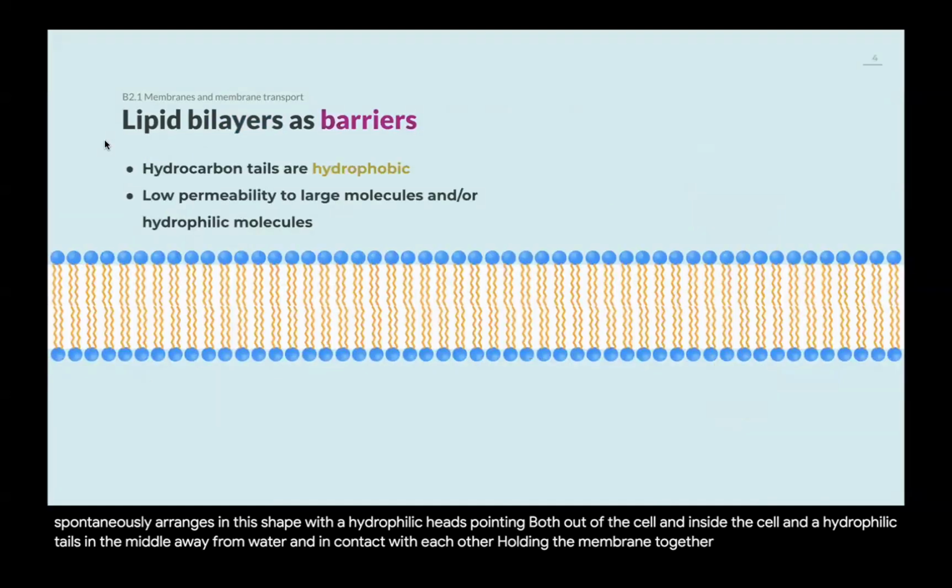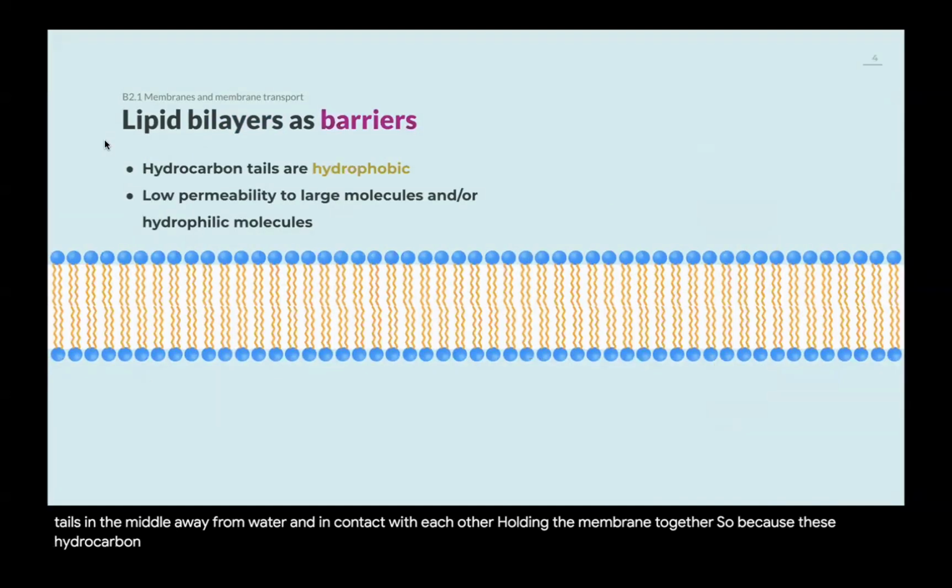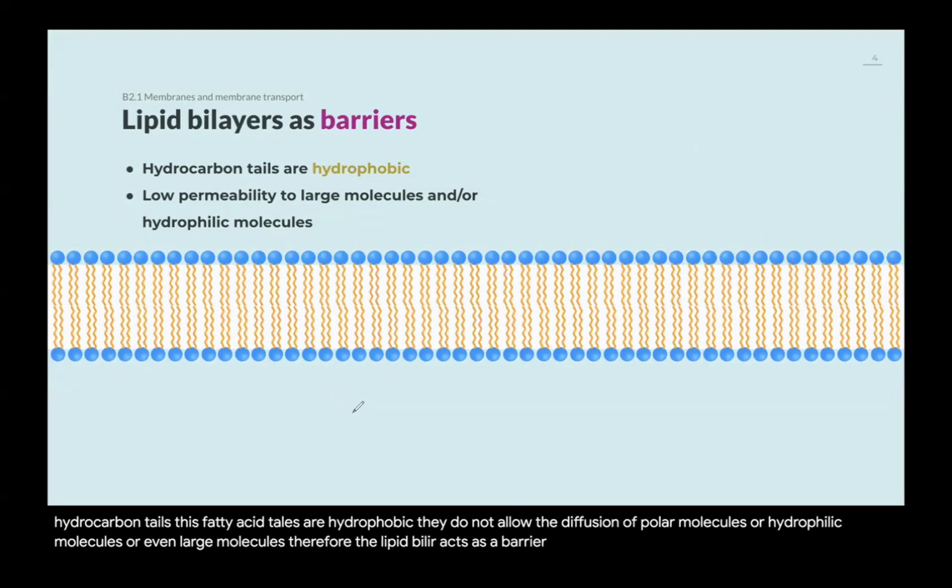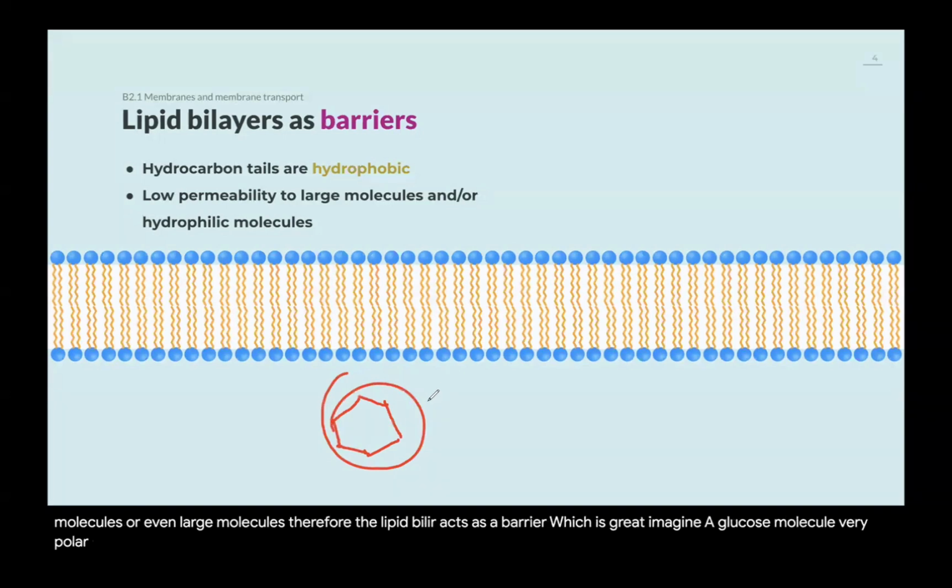So because these hydrocarbon tails, these fatty acid tails, are hydrophobic, they do not allow the diffusion of polar molecules or hydrophilic molecules, or even large molecules. Therefore, the lipid bilayer acts as a barrier, which is great. Imagine you are a glucose molecule, very polar, very big, and you're inside a cell.